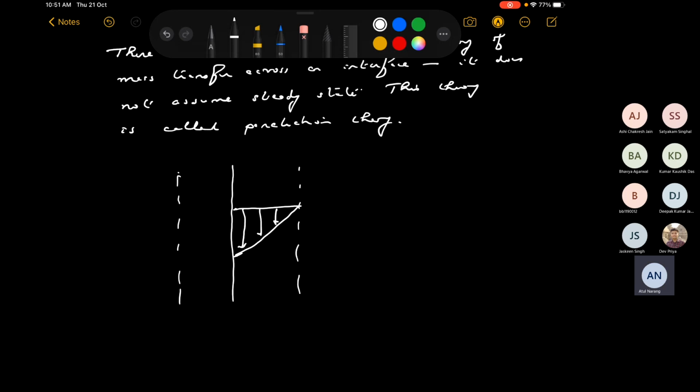Maybe I'll cover it next time. This is from chapter 18 of Bird, Stewart, and Lightfoot, section 18.5, and that is page 558.